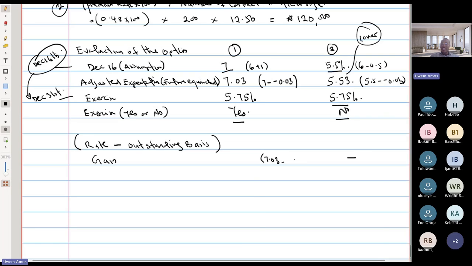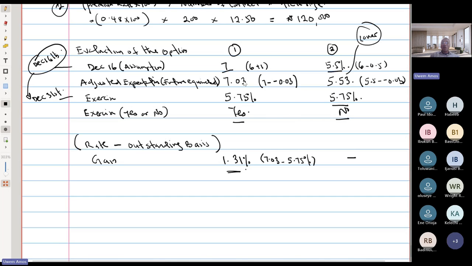So what gain in interest rate do you have from this option? It is 7.03 minus 5.75. So you make a gain from this decision of 1.31%, the interest rate you save because you decided to go with the option.